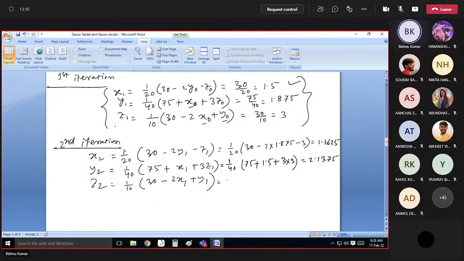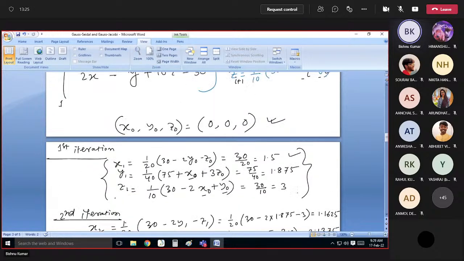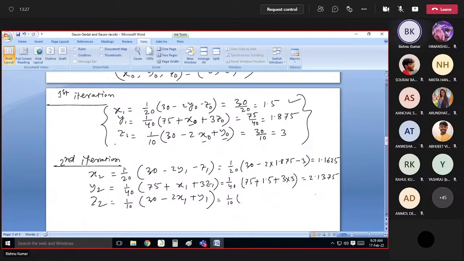Now tell me z2 in the same process, 1 by 10. Everybody, do it with the help of a calculator, so that the technique will be clear to you. If you do it now, you don't have to practice a lot on these techniques. It will stay in your mind for a long time.